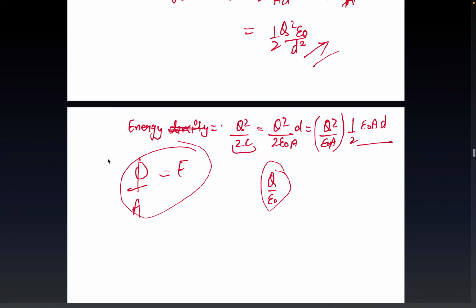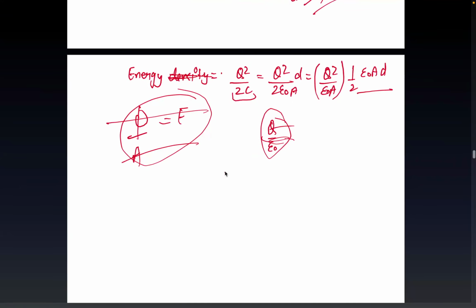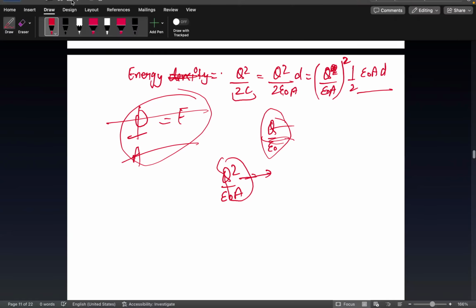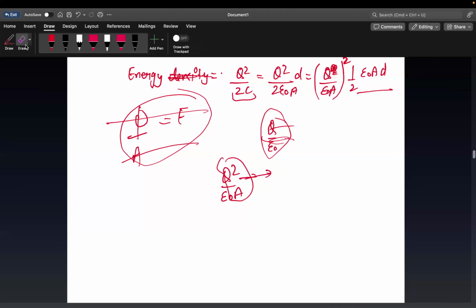Okay, so Q square divided by epsilon naught, this thing is nothing but flux. I think I have made a mistake here. It should be square. Put it square here. Is that clear? Why have I put square over here? Right, because I multiplied and divided.